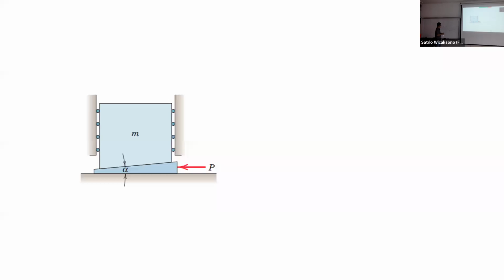Okay? So in this case, we can replace this with what? We can replace this with what? Okay, you forgot that friction force is normal force times the mu.